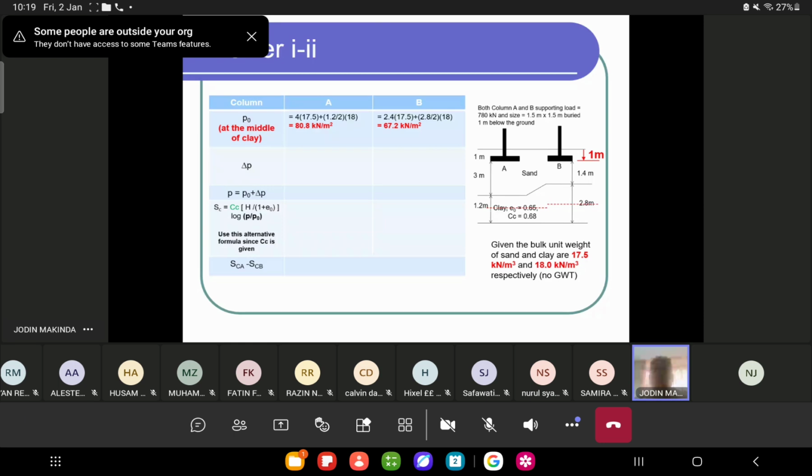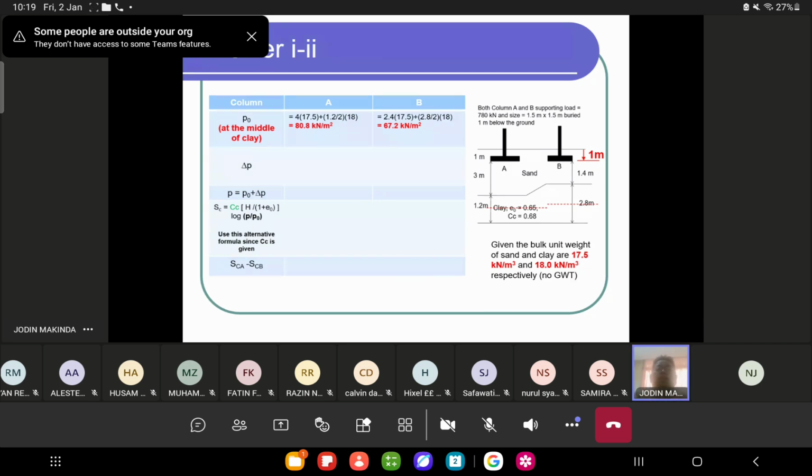Same goes for point B. The thickness of the clay is 2.8. Because we want to find effective overburden pressure at the middle, therefore the thickness of the clay 2.8 is divided by 2. So you can see that the effective overburden pressure for point A is 80.8, and effective overburden pressure at point B is 67.2.